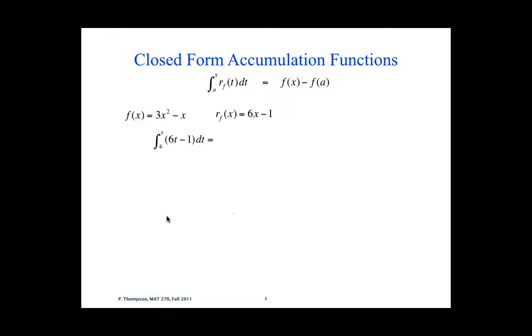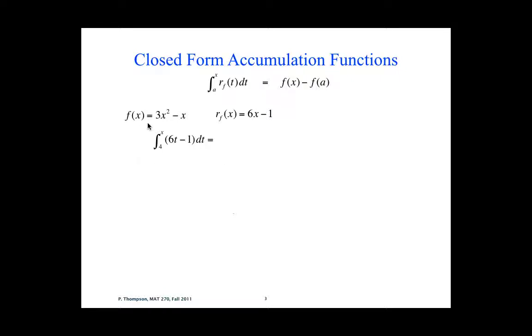So this right here, this 6t minus 1 dt, integrated from, or allowed to accumulate from 4 through x. Since I know what this 6x minus 1 is a rate of change function for, this should be something I can relatively easily find a nice closed form expression for.